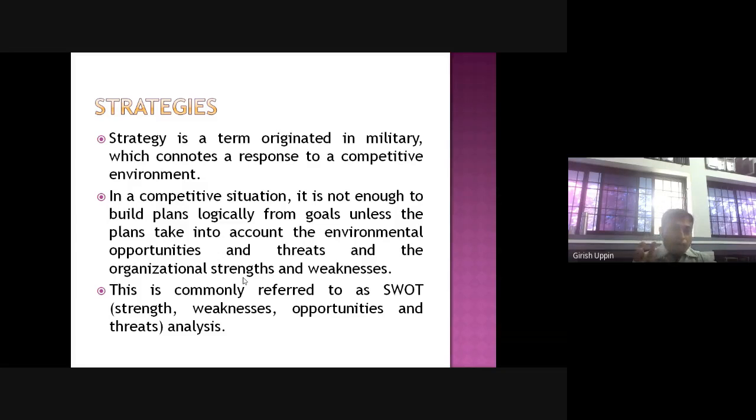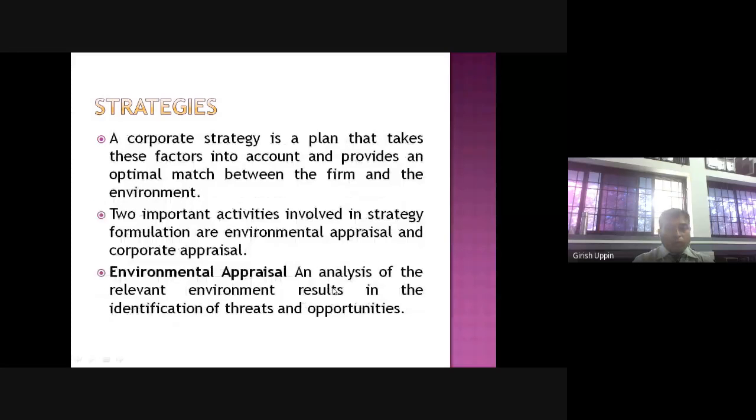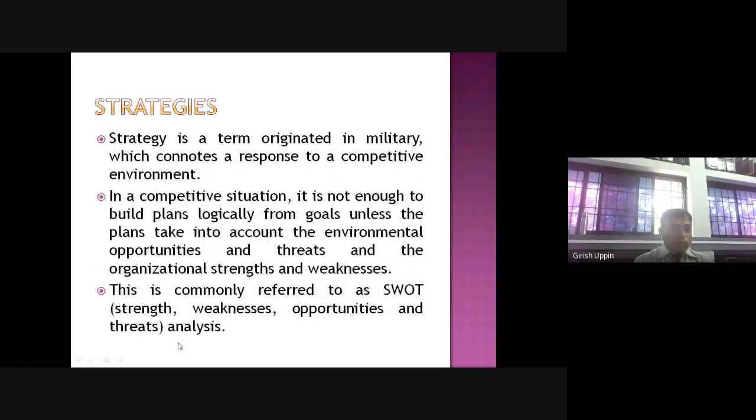That's why it is called SWOT. This is commonly referred to as strength, weakness, opportunities, and threat analysis. Every organization does it. They understand what opportunities are available, what the threats are, what the strengths are, and what the weaknesses are.